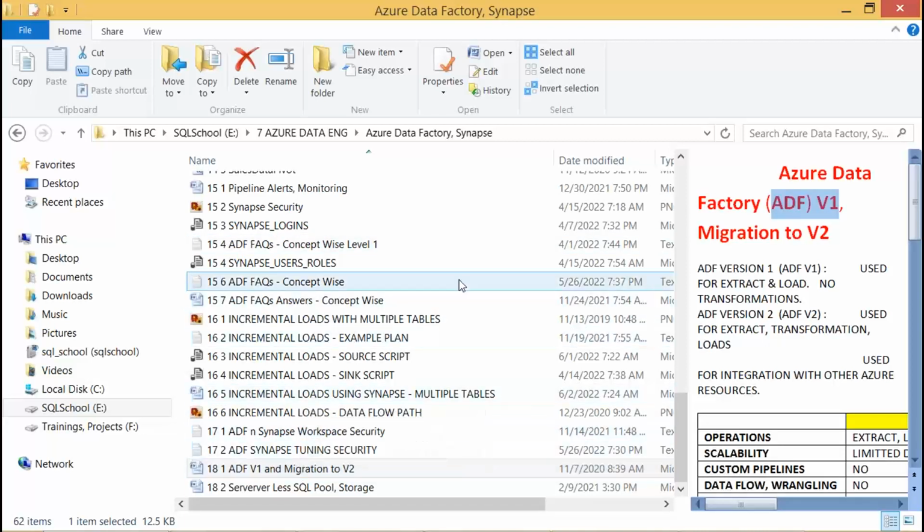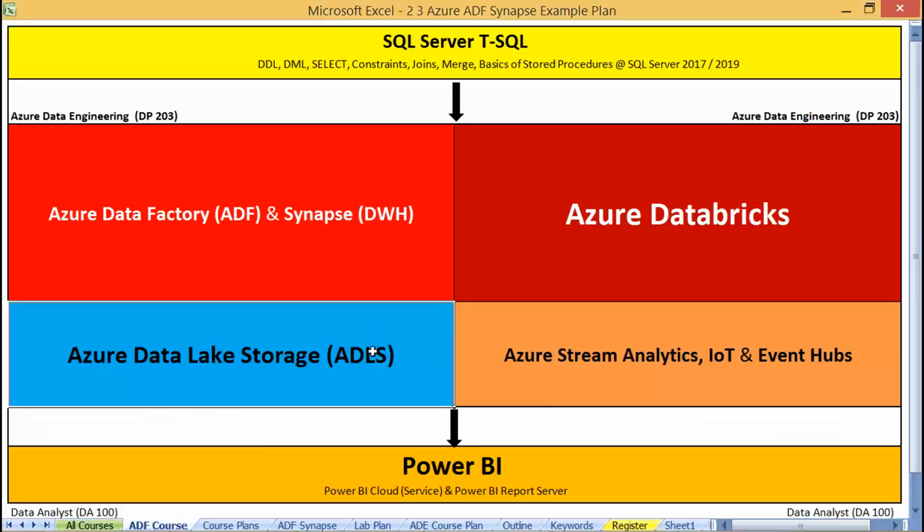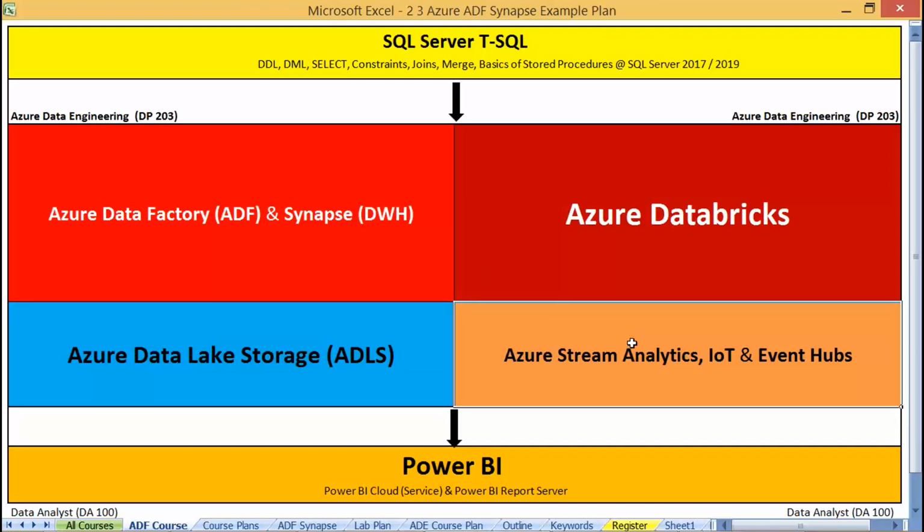From there we'll have the implementation plan for integration activities, say Data Factory to Databricks, Data Factory to Data Lake, and Data Factory to Stream Analytics. You may plan only for Data Factory and Synapse, or you may plan for the entire module.